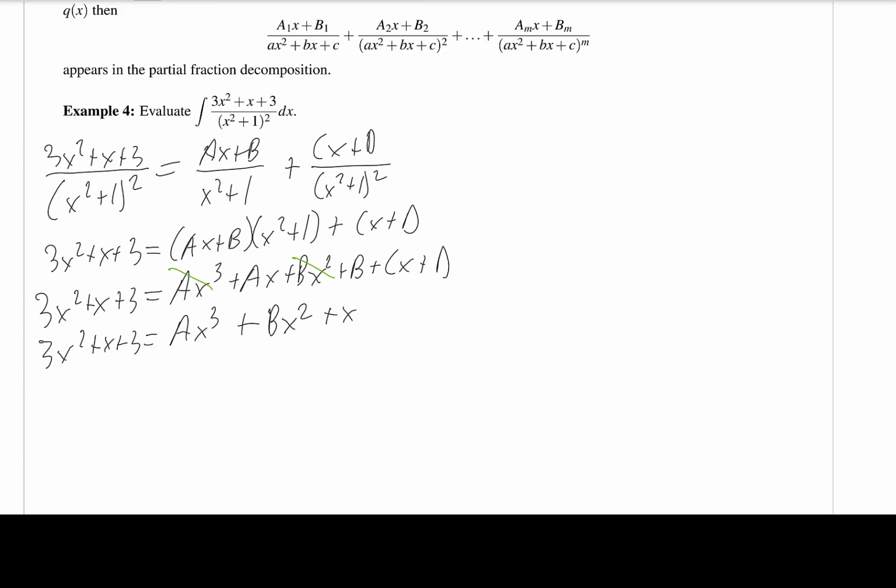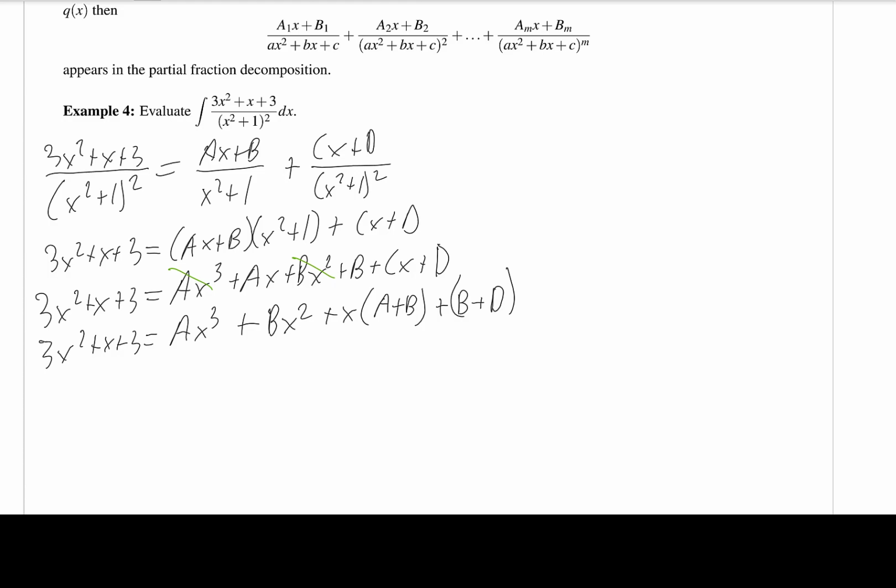So that'll be a plus b. And then for my constants, we'll just have b plus 1. Or sorry, my handwriting's so awful that looked like a 1. That's actually a d, so plus b plus d. Okay.